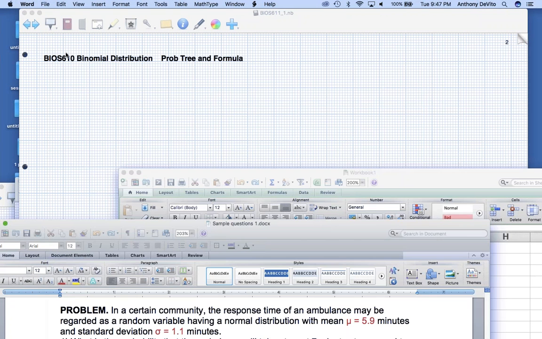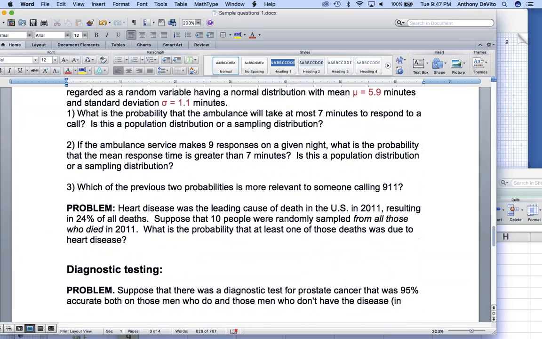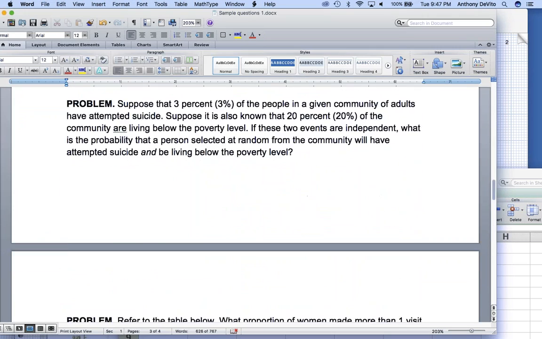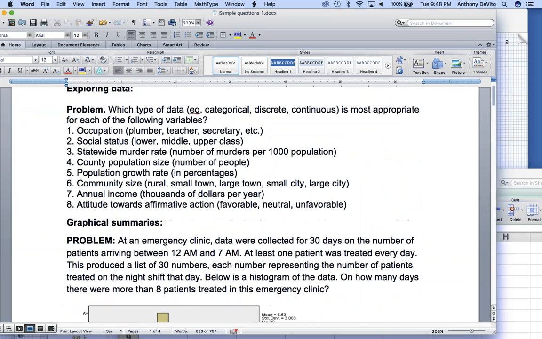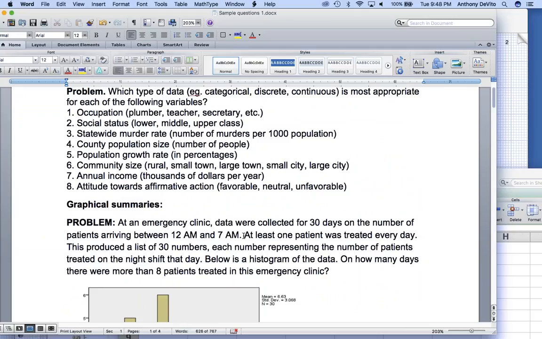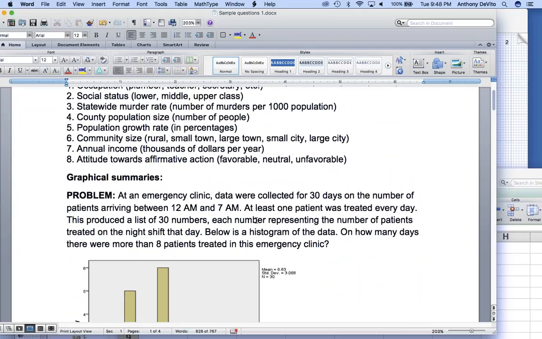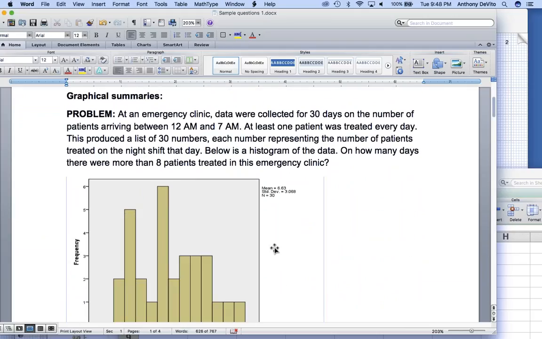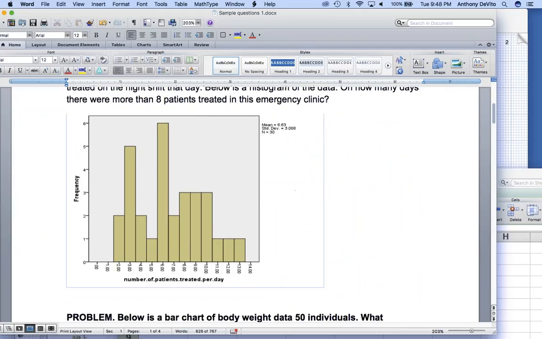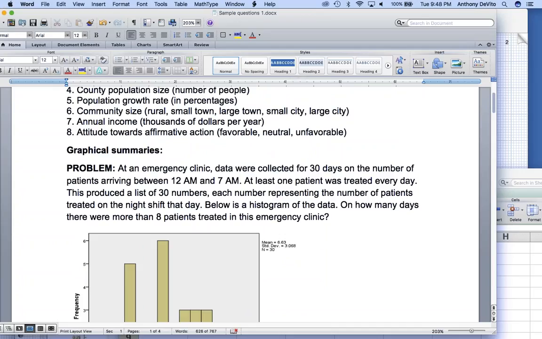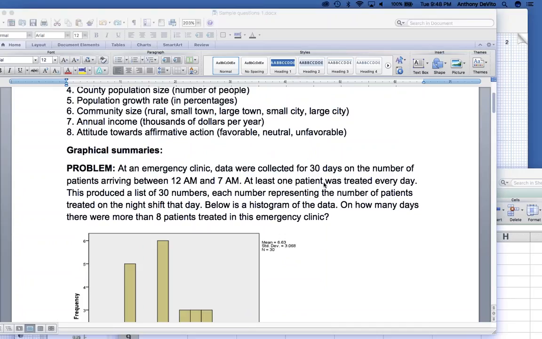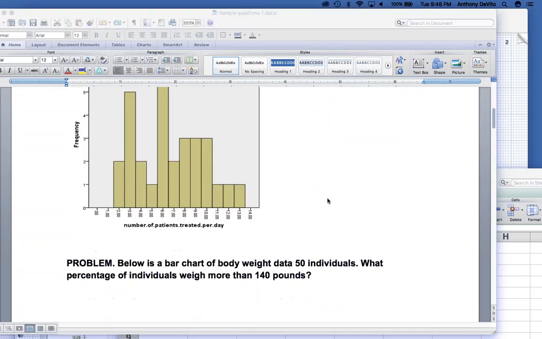Let me get this out of the way. Let me go back to this other one. Okay, so let's take a look at this chart. Again, there are some examples of different kinds of variables.